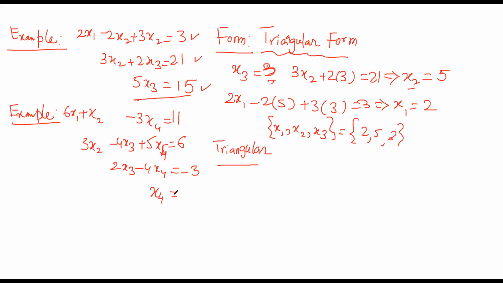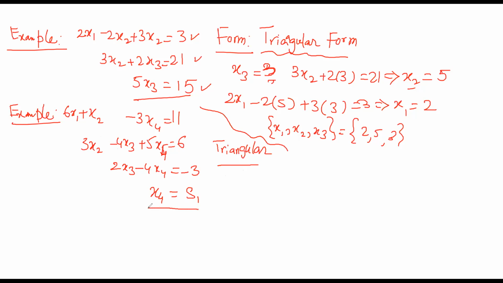If we want to complete its triangular form, the last equation should have x4. So we assume that the value of x4 is equal to s1 in this case, where s1 is a free parameter which can change values. Then we can find the values of x3, x2, and x1 in terms of this parameter.